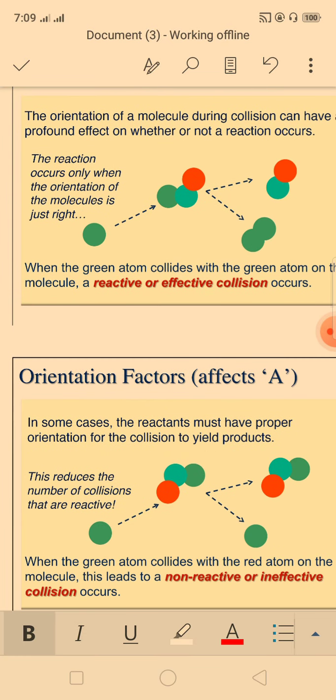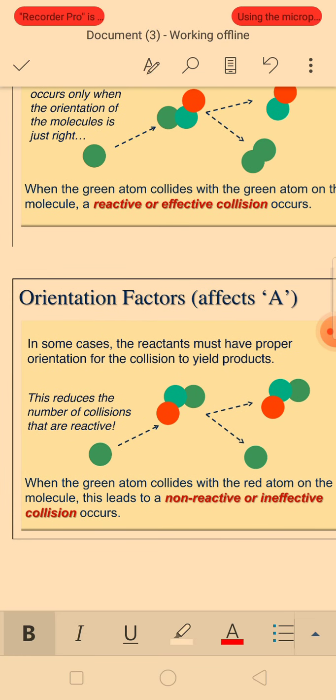Similarly, again see in the diagram, if the red and green are not in the same orientation, the green strikes the red, it means that they are not effective collisions, so the reaction cannot take place. This type of collision is known as ineffective collision.